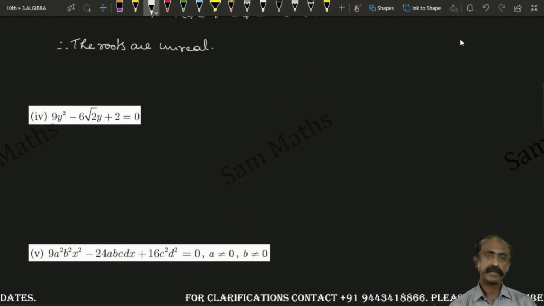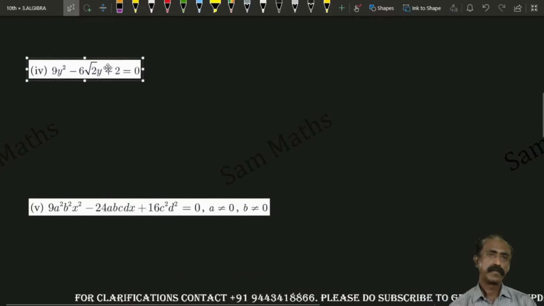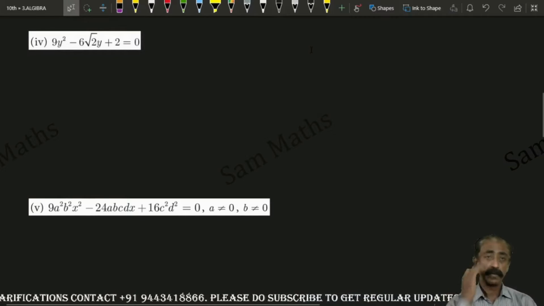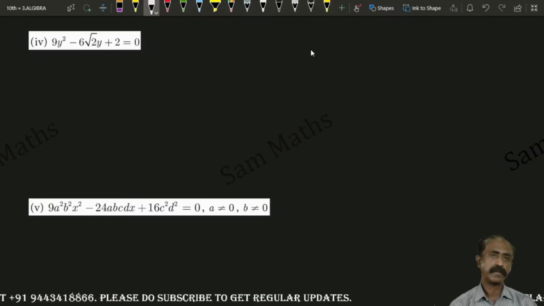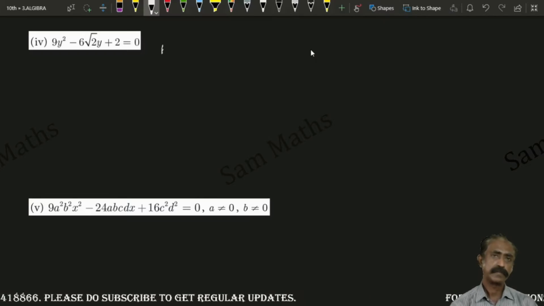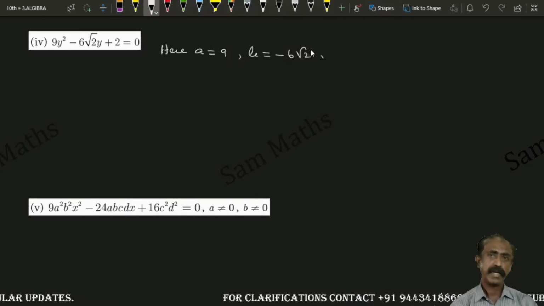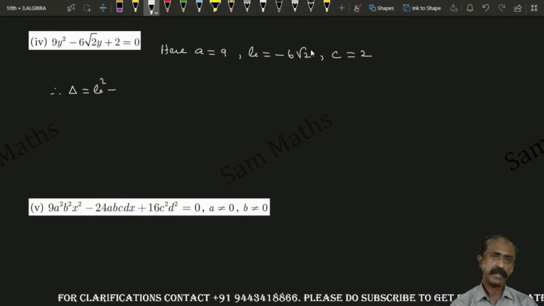Now, the fourth subdivision. It's given 9y square minus 6 root 2 y plus 2 equal to 0. Here, a is equal to 9, b is equal to minus 6 root 2, and c is equal to 2. Therefore, delta is equal to b square minus 4ac.